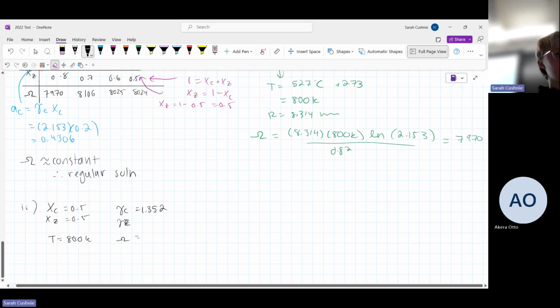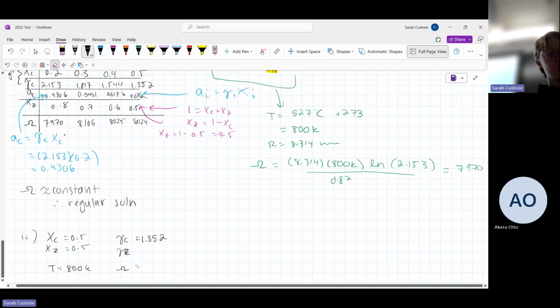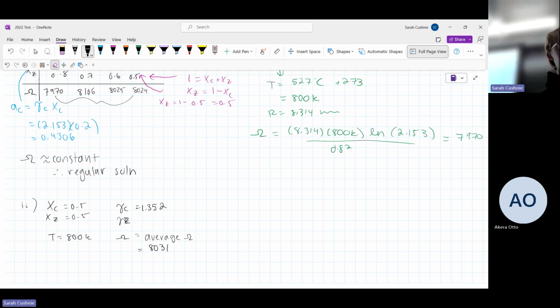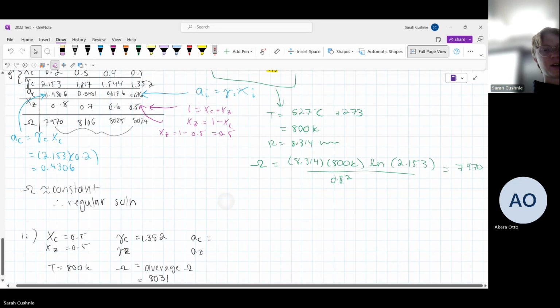We know that omega is equal to, we can take the average of all of these values, and I'm just going to say that's 8031. I'm also just going to write down the activities. So we know AC is going to be equal to 0.676. Again, we calculated that for the table above.